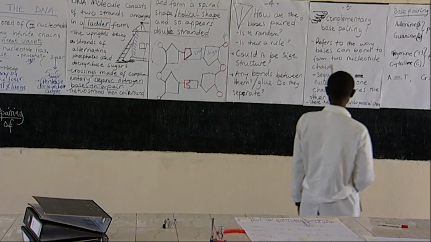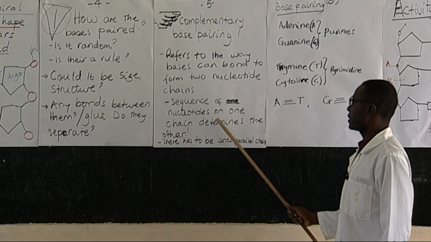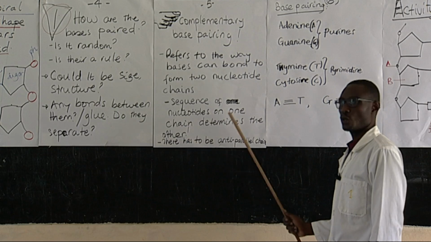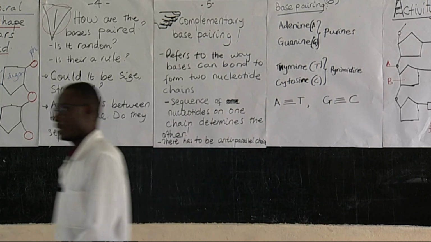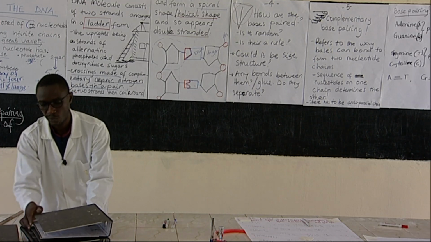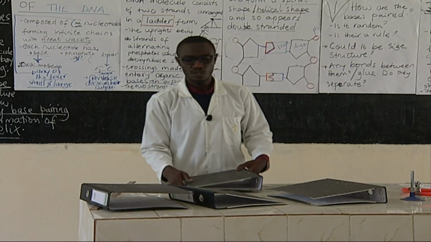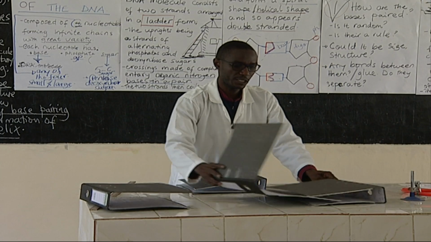Two, the arrangement of the nucleotides on one chain determines the arrangement on the other. What does this mean? That the way I first had my files, the way this looks should determine how this should come and fix in.